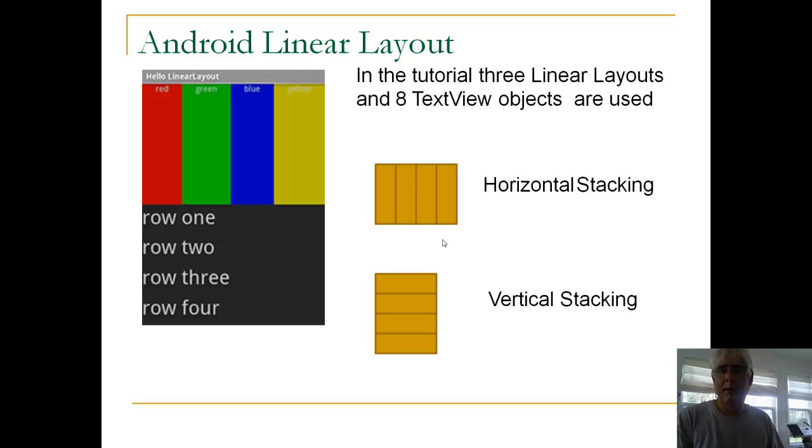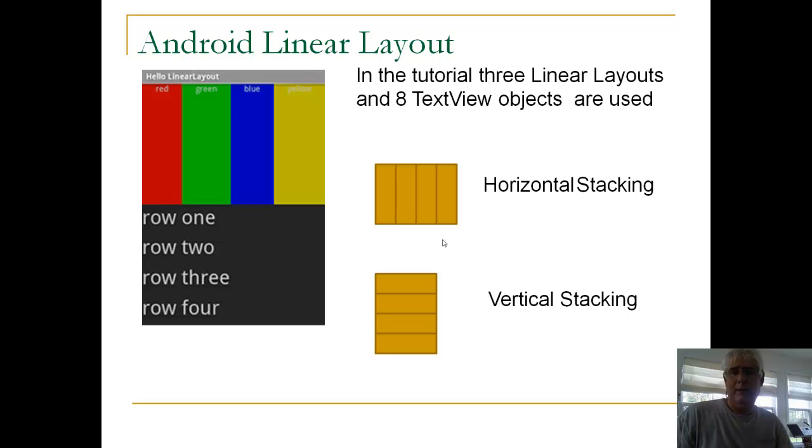So here is actually your project. Here's what you're going to do. This is a linear layout tutorial. In the tutorial, you're going to see 3 linear layouts and 8 text views.